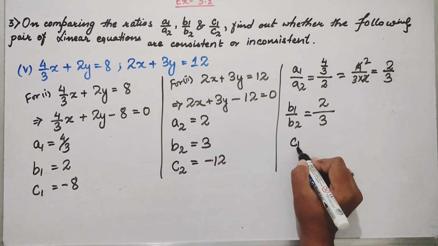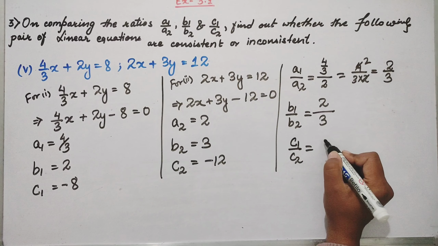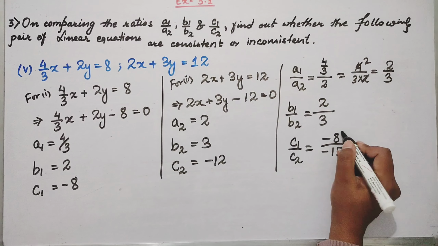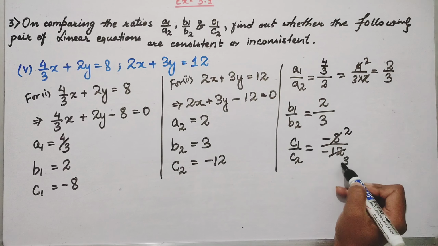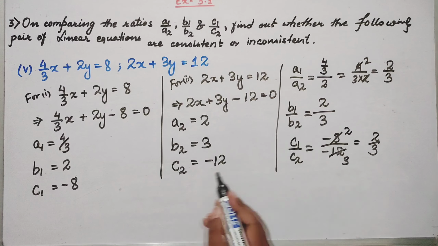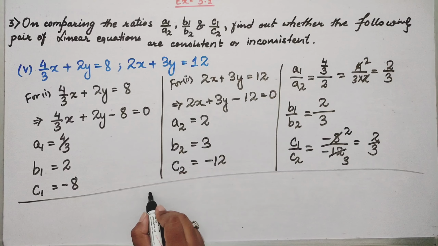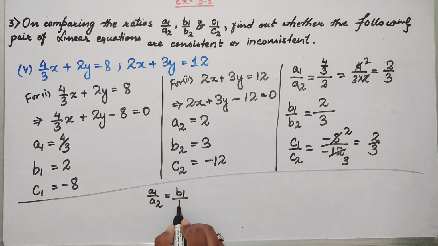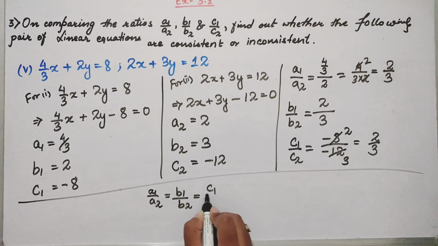Next we have c1 by c2, which is minus 8 by minus 12. 4 into 2 is 8, 4 into 3 is 12. So again 2 by 3. So a1 by a2 is equal to b1 by b2 is equal to c1 by c2. That is, all the values are equal.